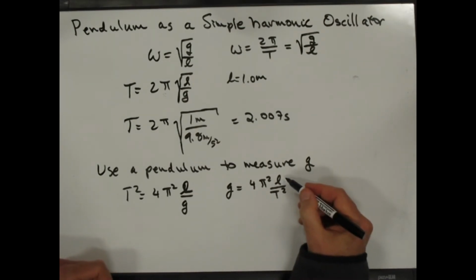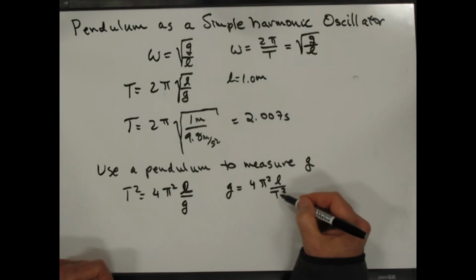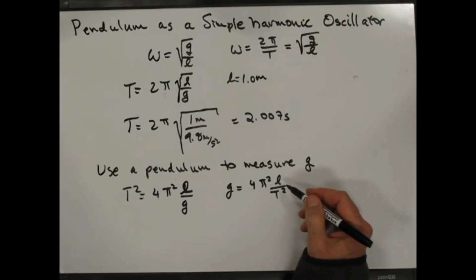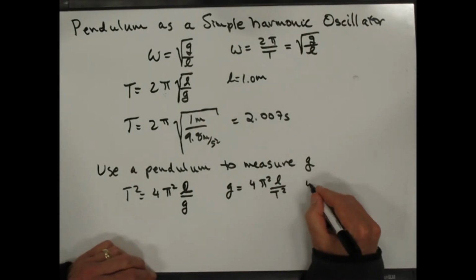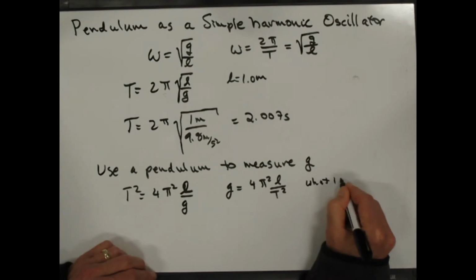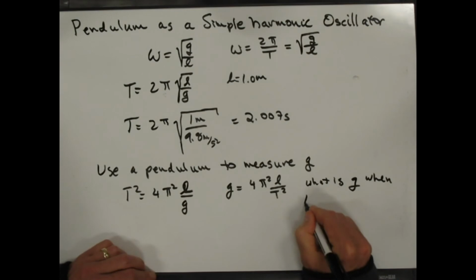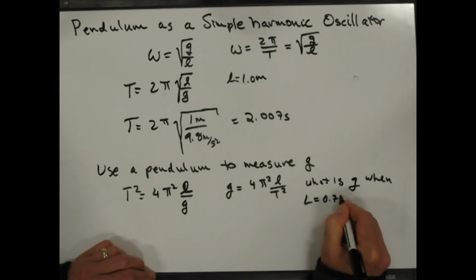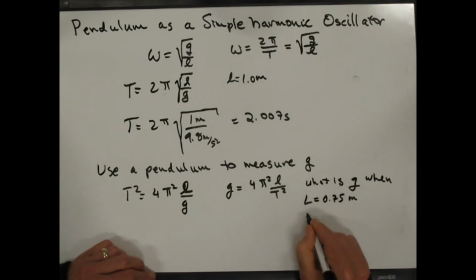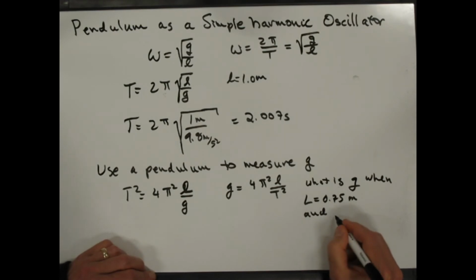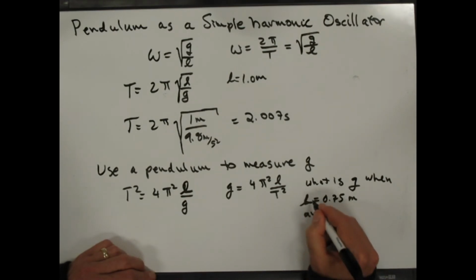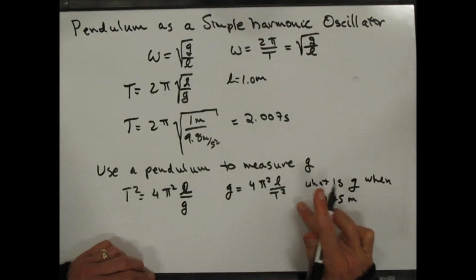And so if you have a pendulum of known length and you just measure its period, it allows you to calculate g. Again, that's a lowercase l.